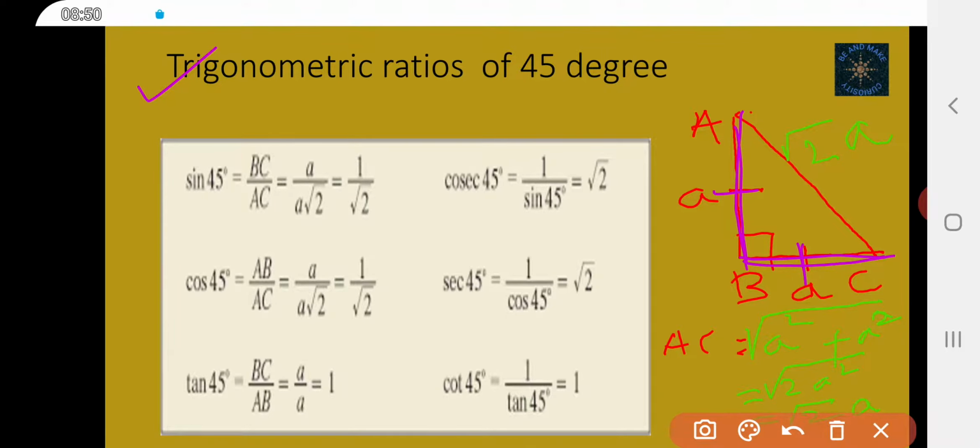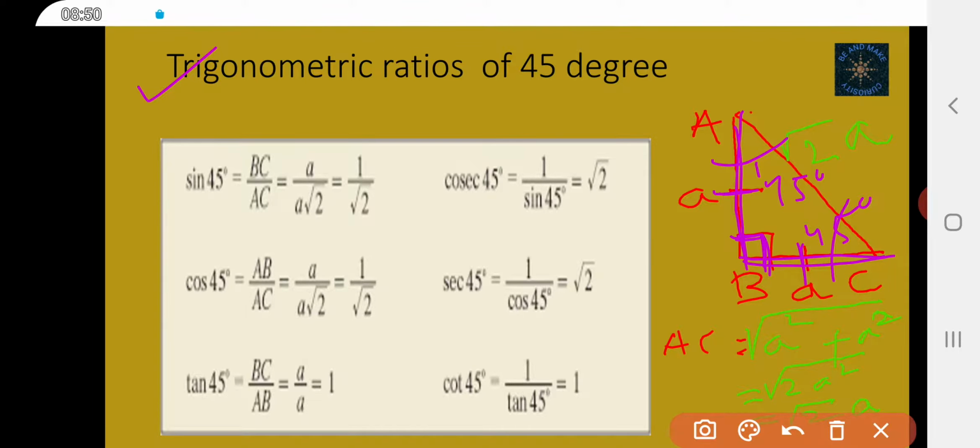Then if these two sides are equal, then this angle is equal to this angle. Why? You know, angles opposite to the equal sides are equal. Okay, so here you know this is 90 degree, then this angle must be 45 degree and this angle also 45 degree, because the sum of the angles of a triangle is equal to 180 degree.